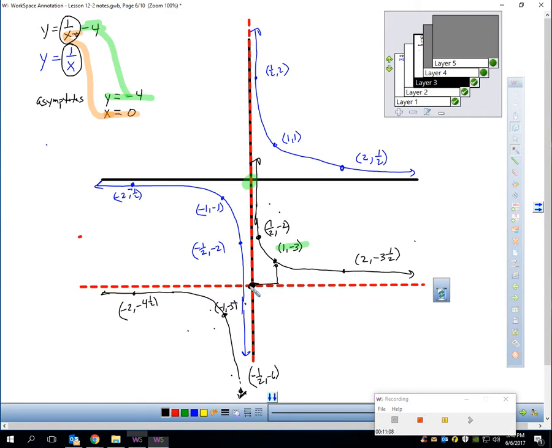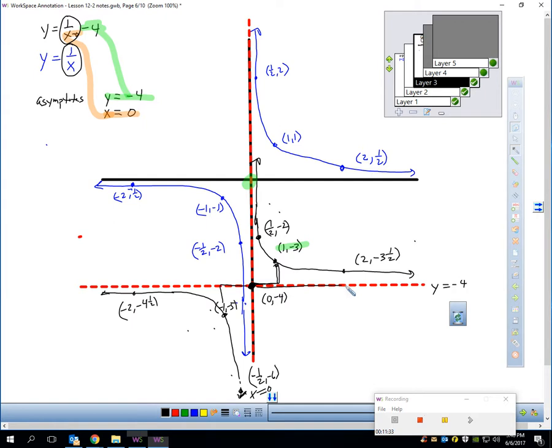So these asymptotes meet at 0, negative 4 right now. Okay? This is y equals negative 4, and this is x equals 0. So these two asymptotes meet at 0, negative 4. So if this point is 1 right and 1 up, this point would be 1 left and 1 down. That's why I'm getting negative 1, negative 5.